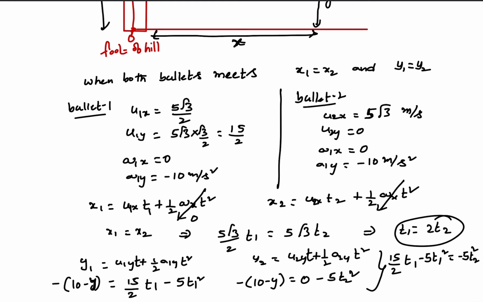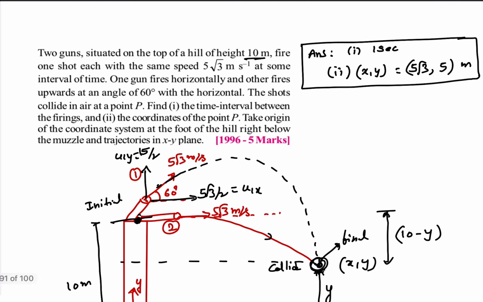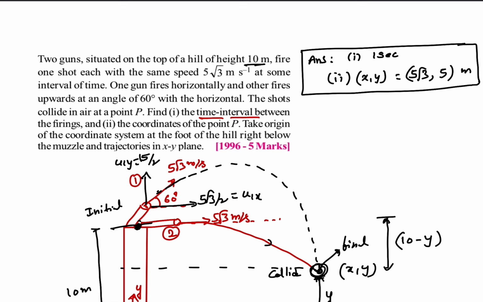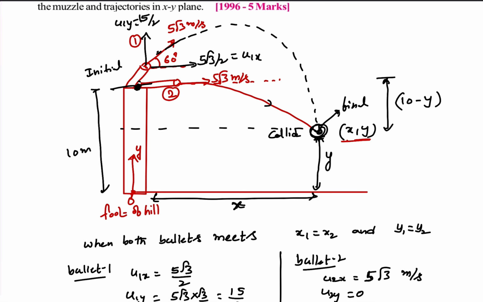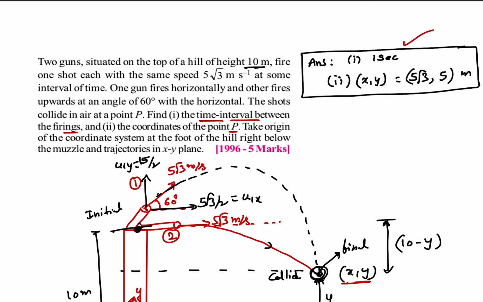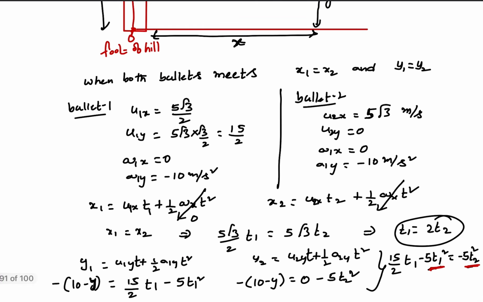If I substitute the t1 and t2 values, you can get the difference in time interval between the firings and point P, nothing but the x and y coordinates you can calculate. If you calculate, you will get 1 second and 5 root 3 comma 5.